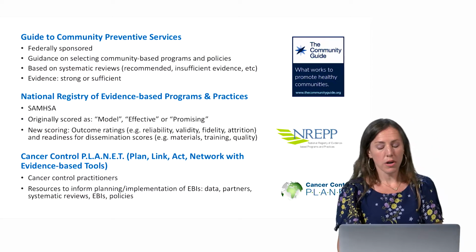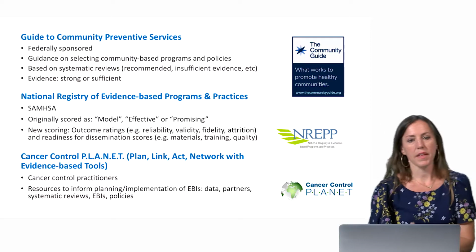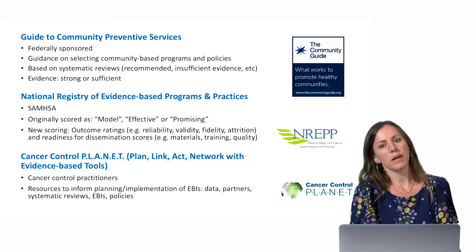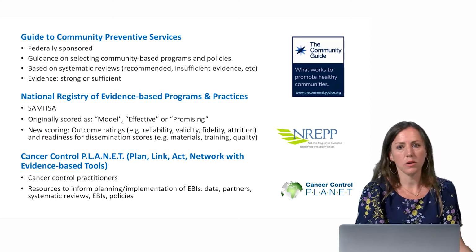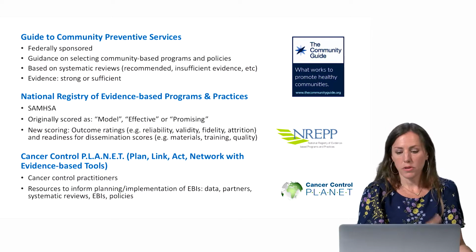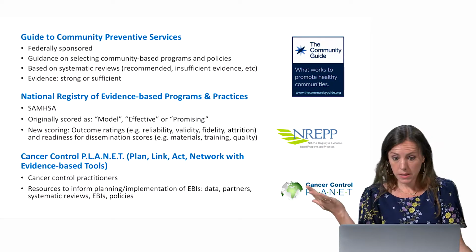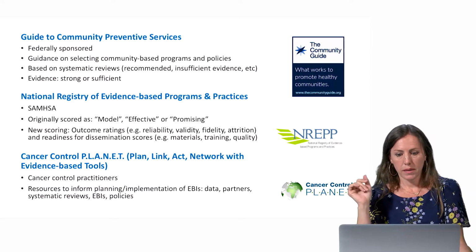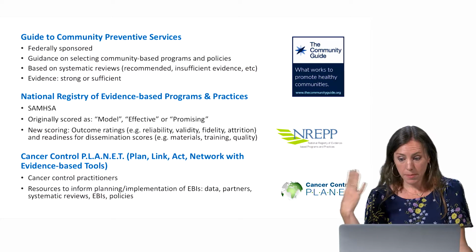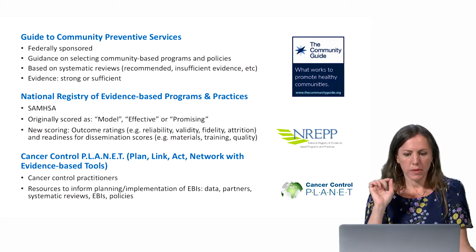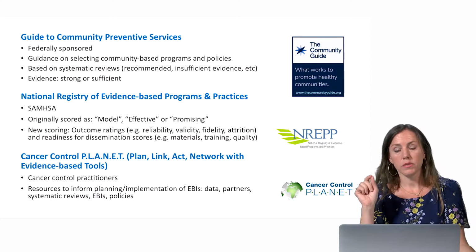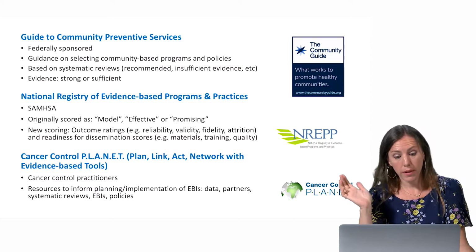So again, there's already great programs that rank different community-based programs and policies and clinical programs as well. There's the Guide to Community Preventive Services, which has a wonderful website and resources. There's SAMHSA, which has the National Registry of Evidence-Based Programs and Practices related to substance use and mental health.